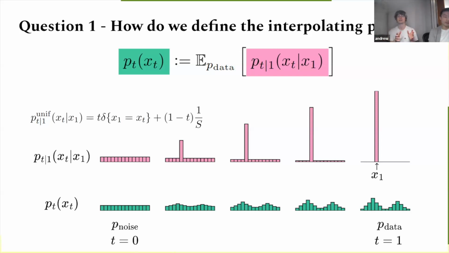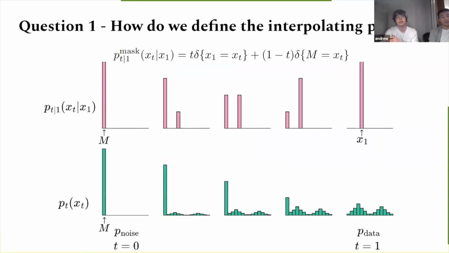So this is how we can define a gradually interpolating process from noise to data as a mixture of simpler conditional distributions. To give you another example, if we instead define our conditional distribution to be a mixture between a mask state and the one hot vector on x1, then at time 0 it's just one hot on the mask, and then that gradually interpolates towards a one hot on the given x1.